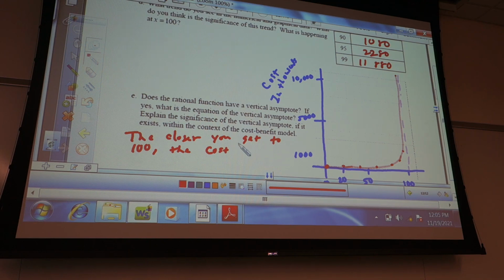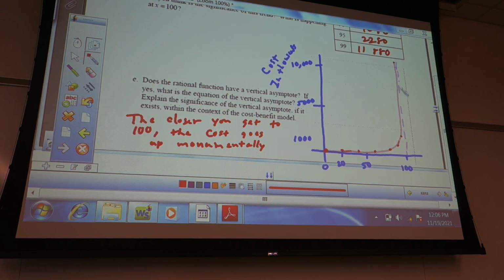It goes up monumentally. It just is a crazy high amount. Okay, so is that making sense for folks? As it gets closer, okay.